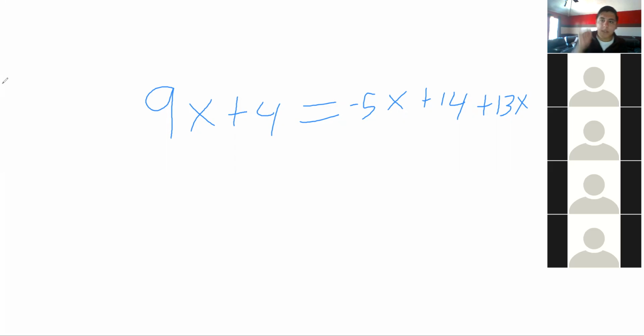Before we can do anything, another thing I forgot to mention is that now we have variables on both sides, right? So when we have variables on both sides, what's our goal? What do we want to make sure that we have before we can solve it? Find out what x is. Well, we want to find out what x is, yeah, but if we have variables on both sides and numbers on both sides, what's our ultimate goal before we can solve this equation?